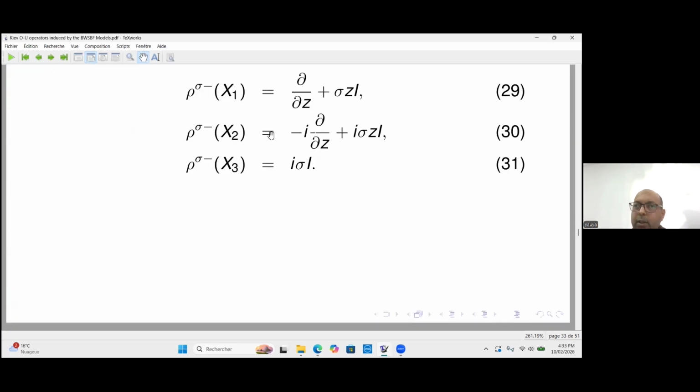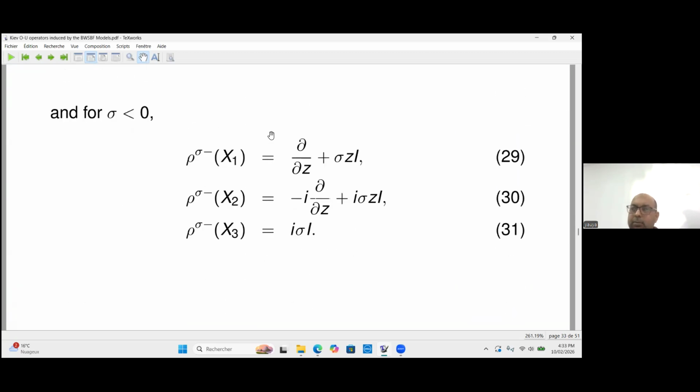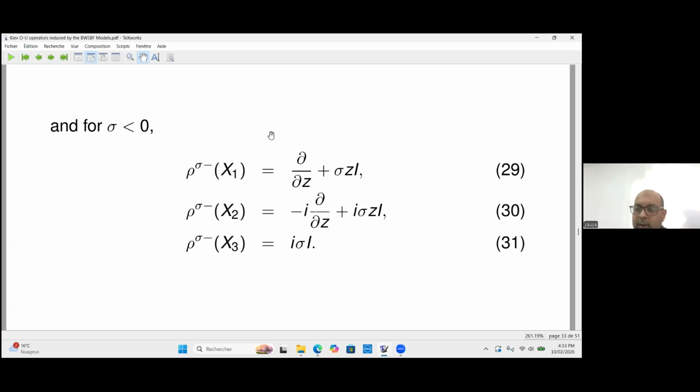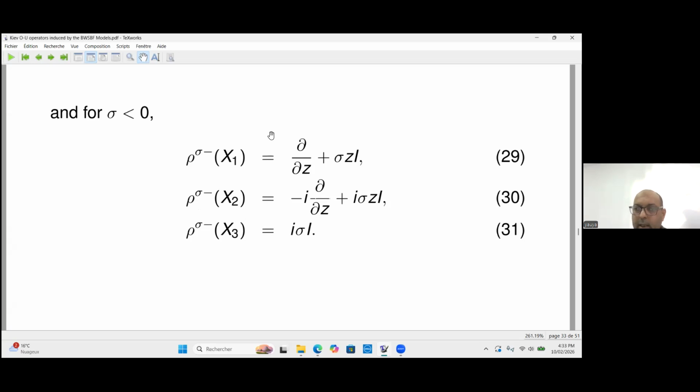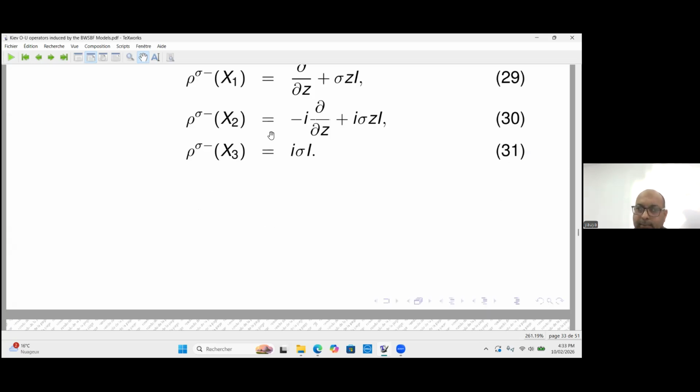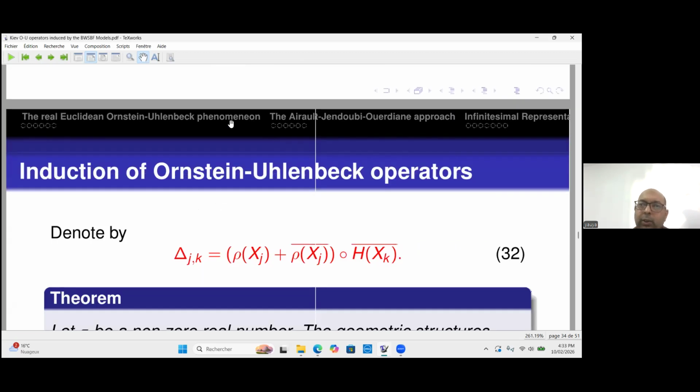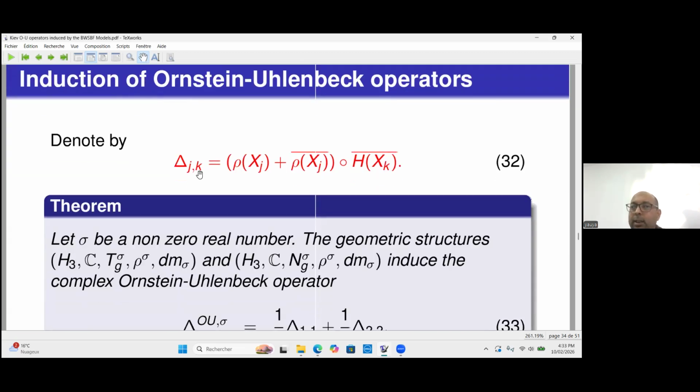So for the second one, we also have three first order operators. We shall denote by delta_j equal to rho x_j, where x_j is the basis of our Lie algebra.